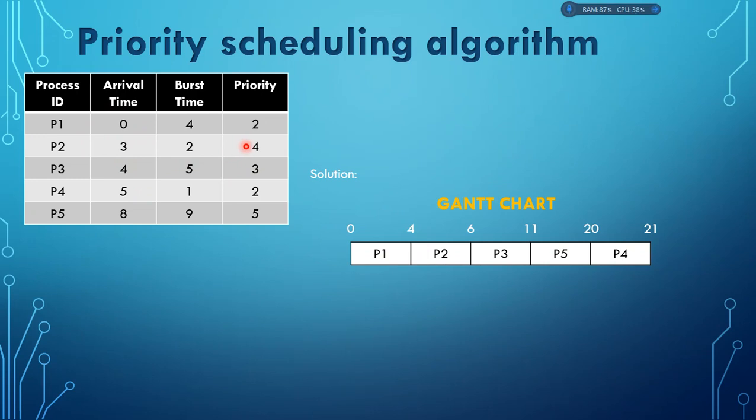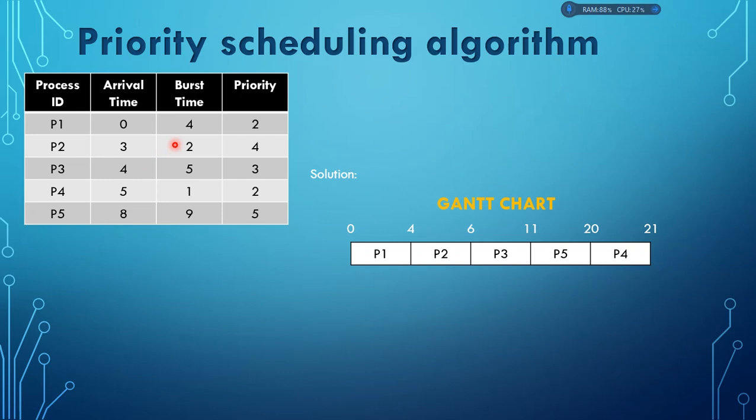As noted at the start of this video, the higher the number, the higher the priority. P2 has the priority of 4 and P3 has the priority of 3, so P2 will be processed first, and then P3 will be next.